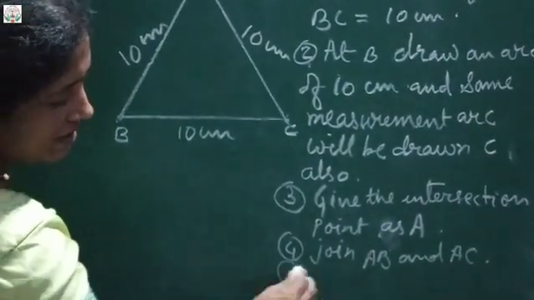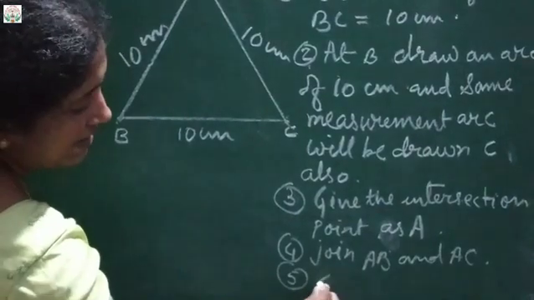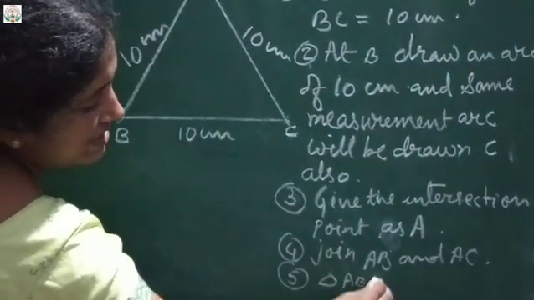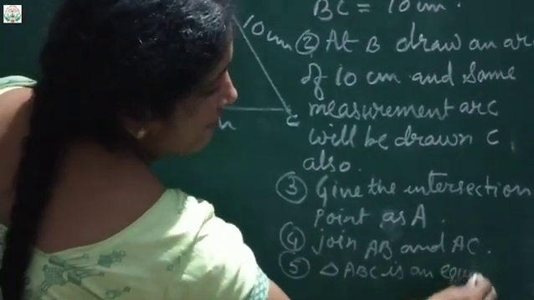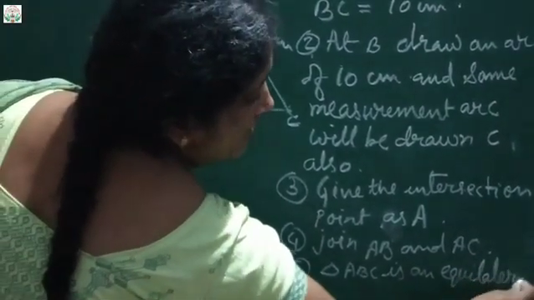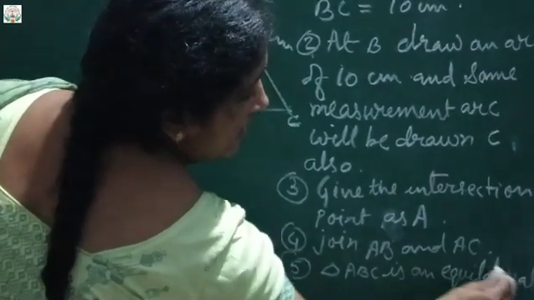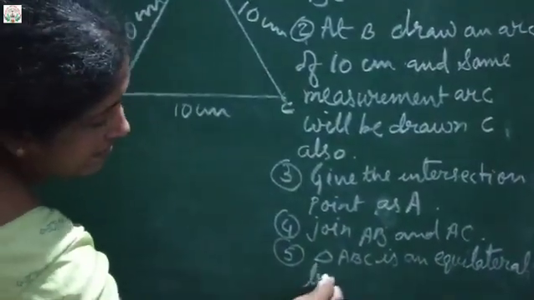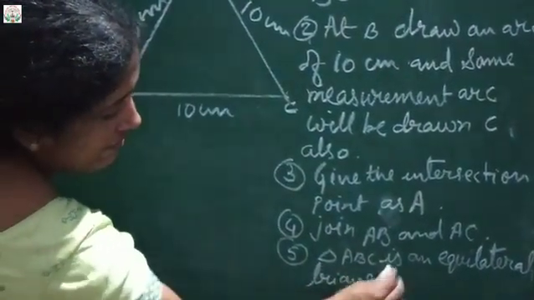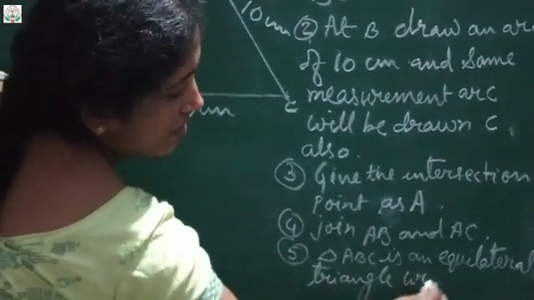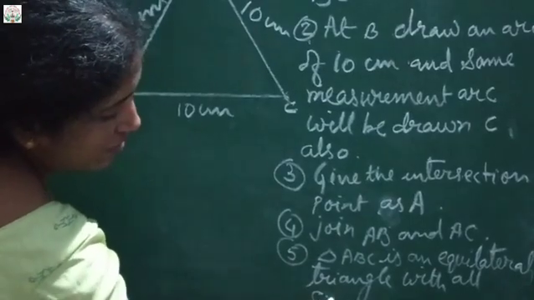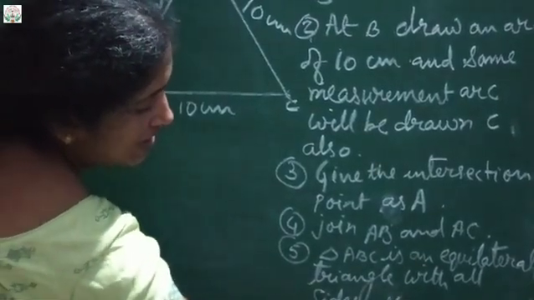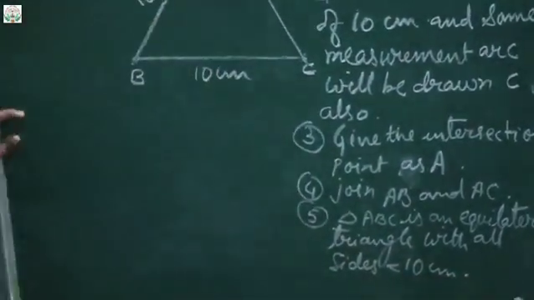Fifth one: triangle ABC is an equilateral triangle with all sides equal to 10 cm. This is our construction.